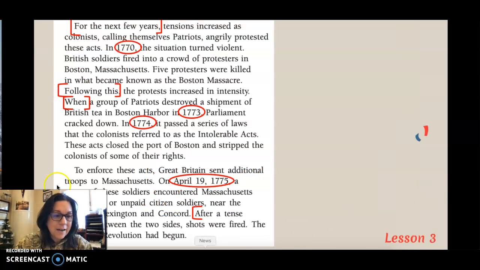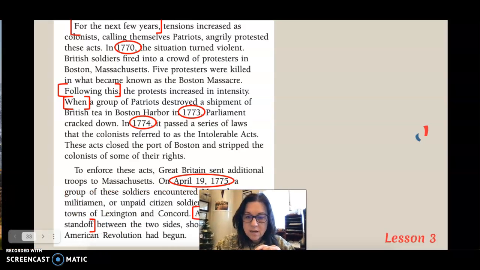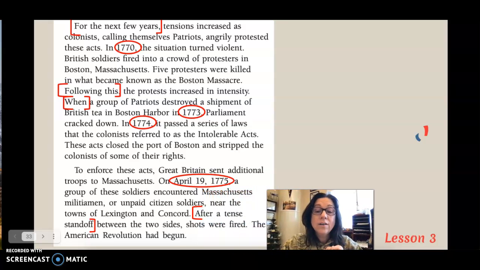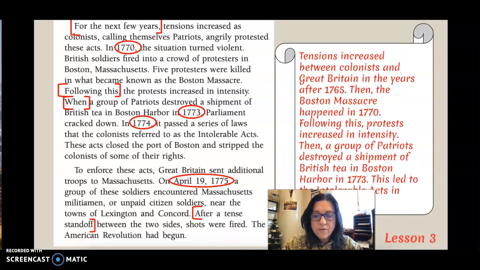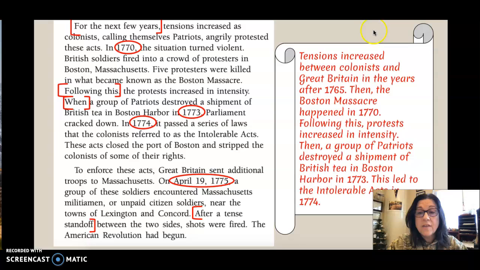All right, welcome back. As you can see, I have annotated my page. I've circled dates. I have put brackets around words. I'm going to move myself here, right there. So what I've written down is maybe something that you have written down that's similar.